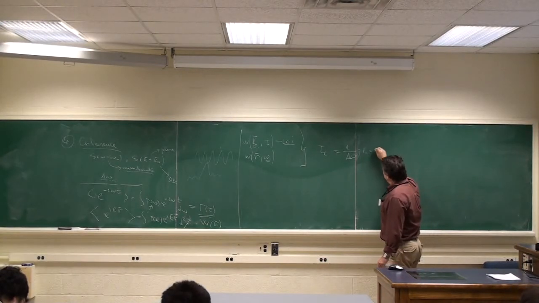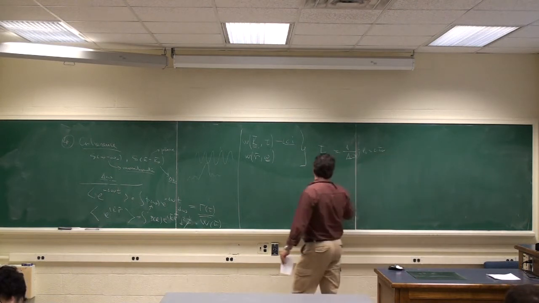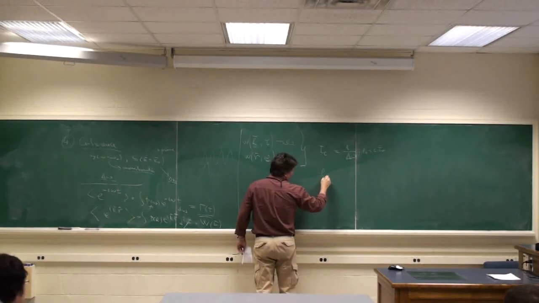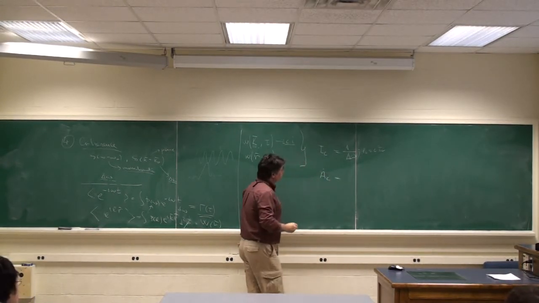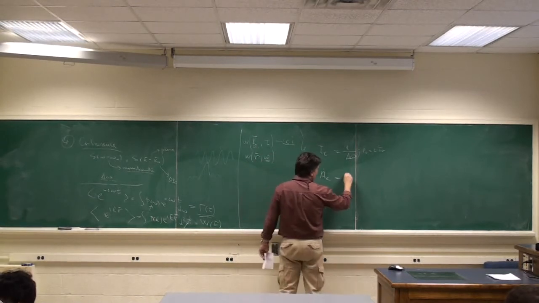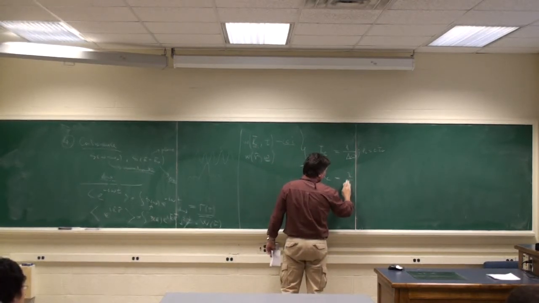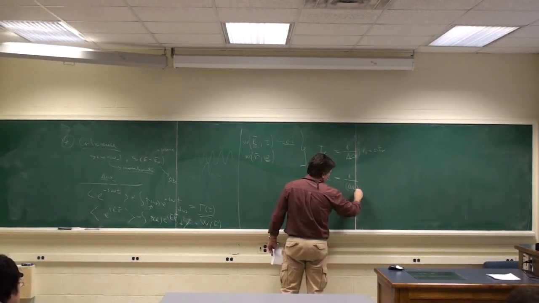So the coherence length is the speed of light times that. And I have a coherence area that is basically lambda, that's kind of 1 over delta k squared.